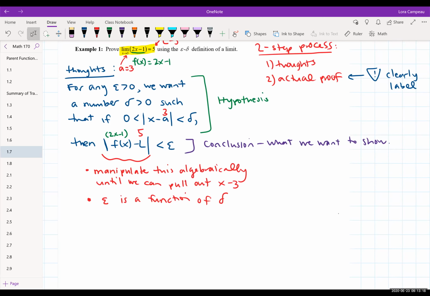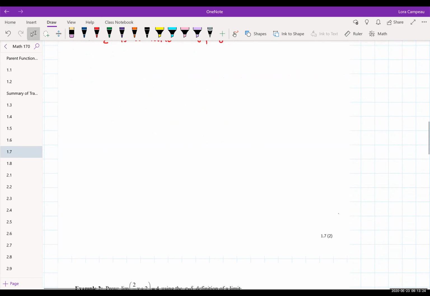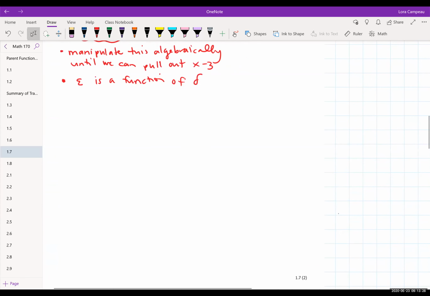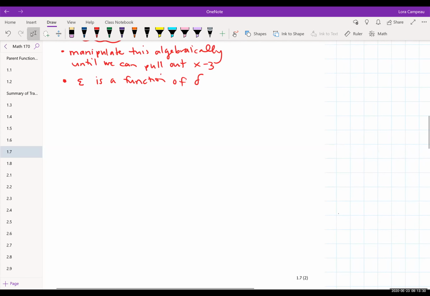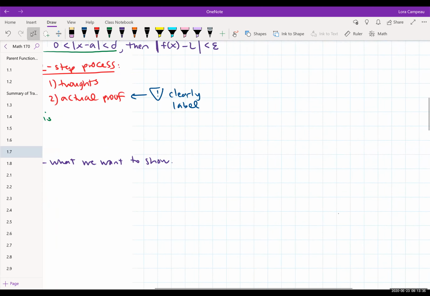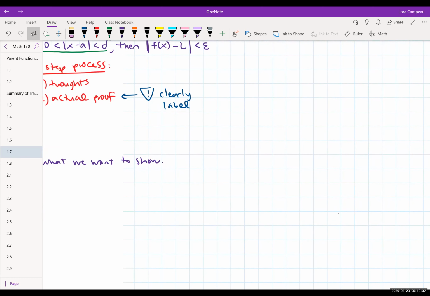So this is why it's another proof strategy. So let's start this off, and maybe I'll have to leave myself a lot of room. So we're going to have to use the side. So I'll start off over here to the right. Lucky me. Okay, so we're going to talk about, again, we're still on our thoughts part. And I'm going to talk about the starting point of my thoughts.